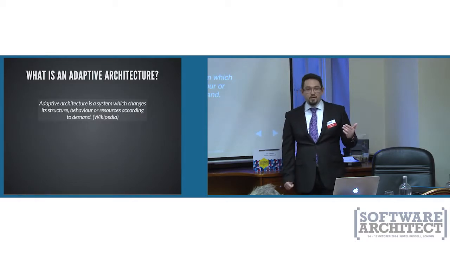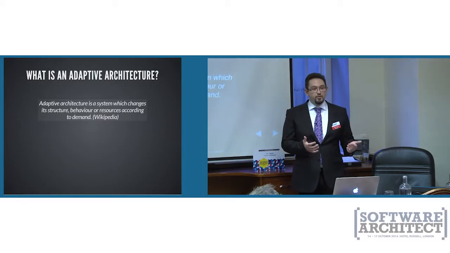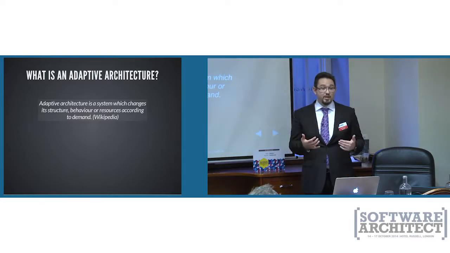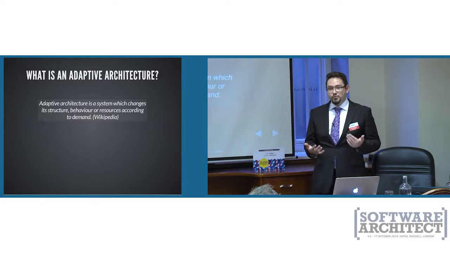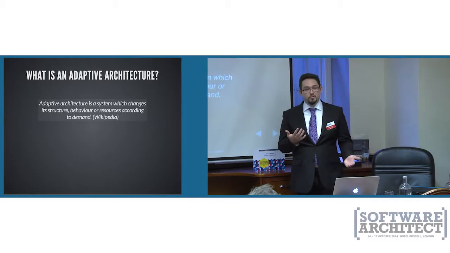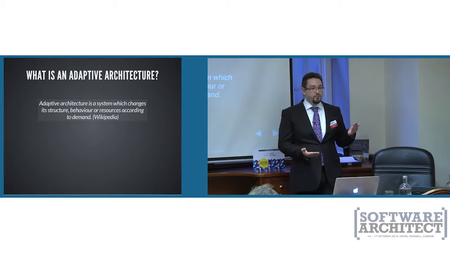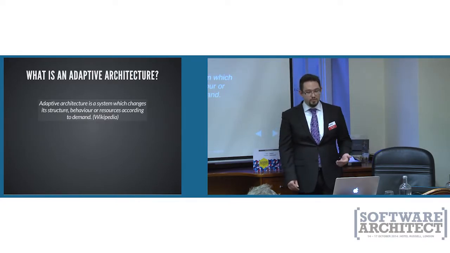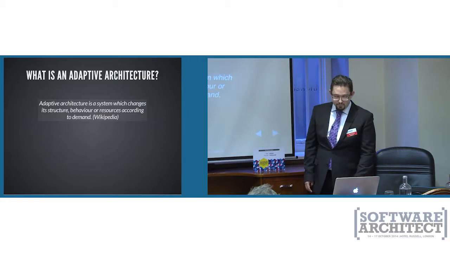That means normally the system has to adapt to new functional requirements, or if the parameters of the external environment change, then the system should adapt to satisfy those requirements.